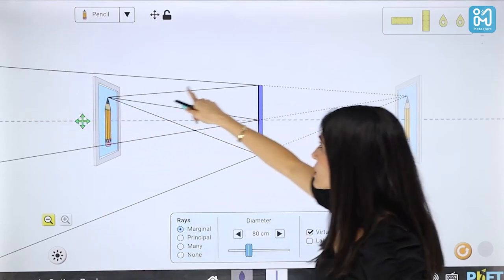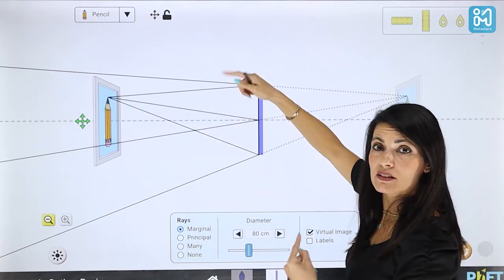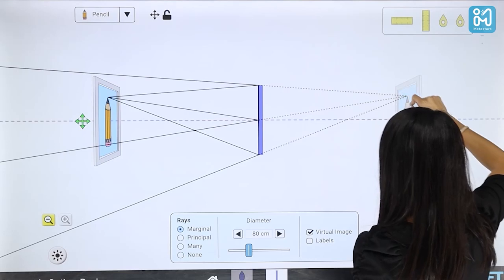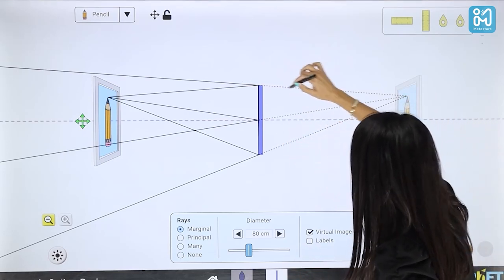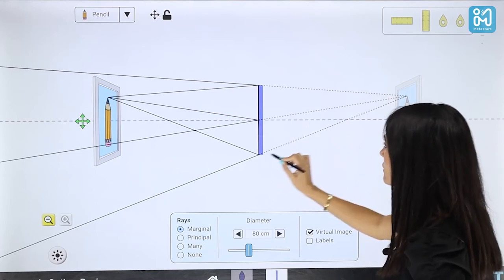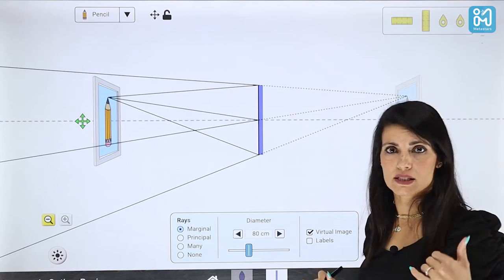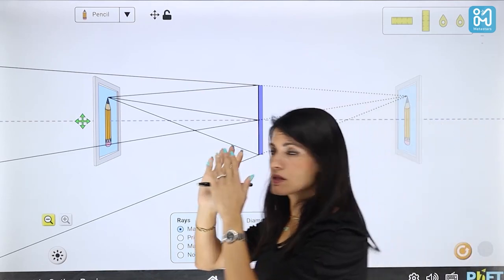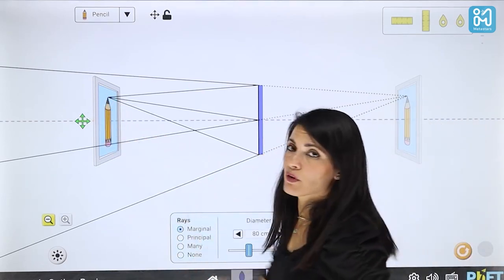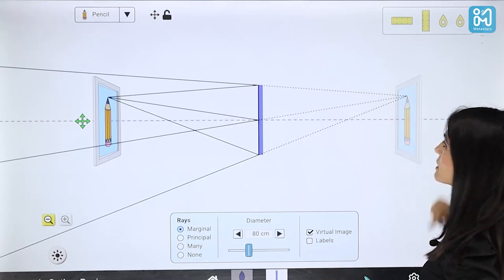However, the reflected ray extensions will meet in the virtual side. So we take a dotted part from this reflected ray and a dotted part from the other reflected ray, and the crossing between them, where they intersect, is the tip of the pencil. We draw the pencil in here.